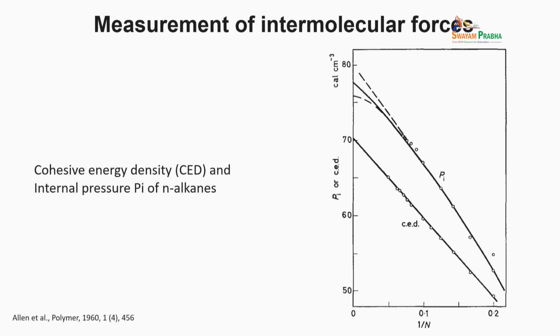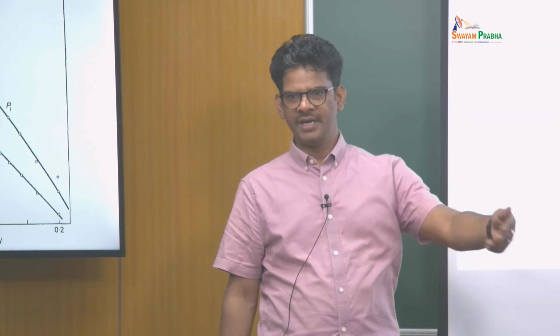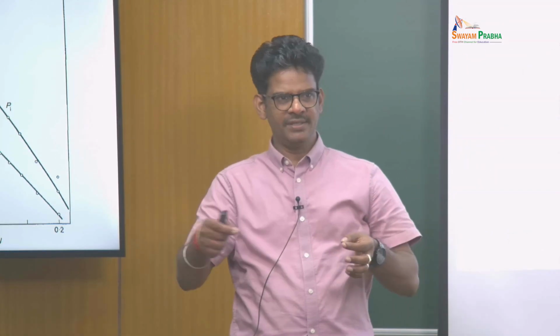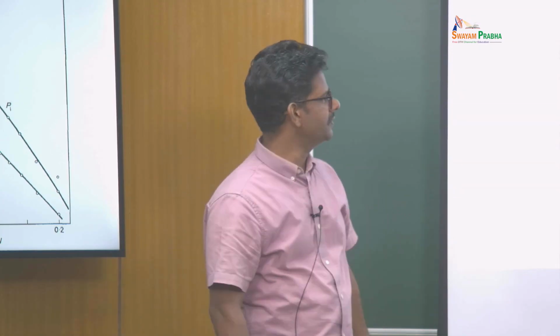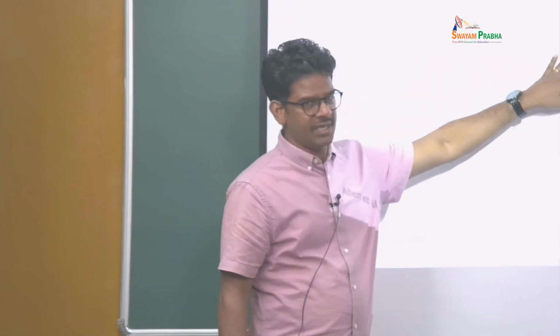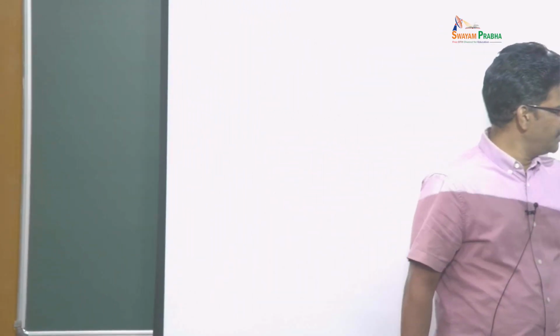This is plotted against 1 over n for a set of n-alkanes: propane, butane, pentane, decane, dodecane, and so on. Because these are basically CH2 CH2 groups joined together, if you look at this internal pressure and CED of n-alkanes, here n means the number of methyl groups.